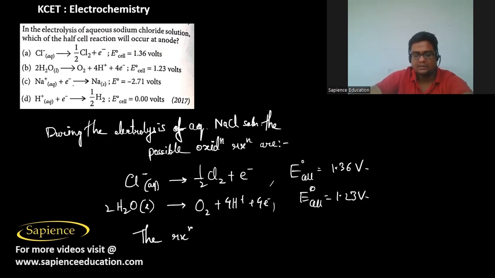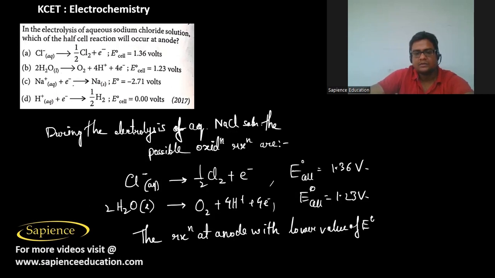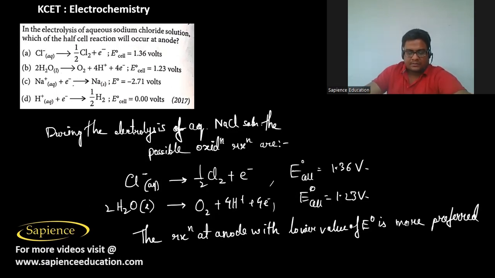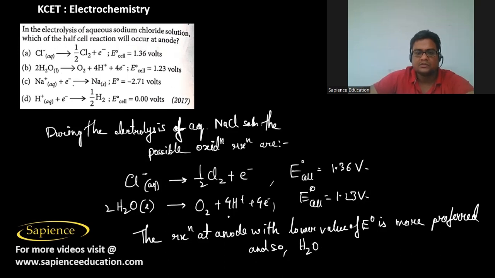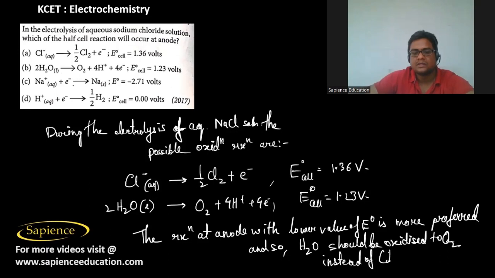So the rule is that the reaction at the anode with lower value of E naught is more preferred, and so H2O should be oxidized to O2, instead of chloride ion being oxidized to Cl2.